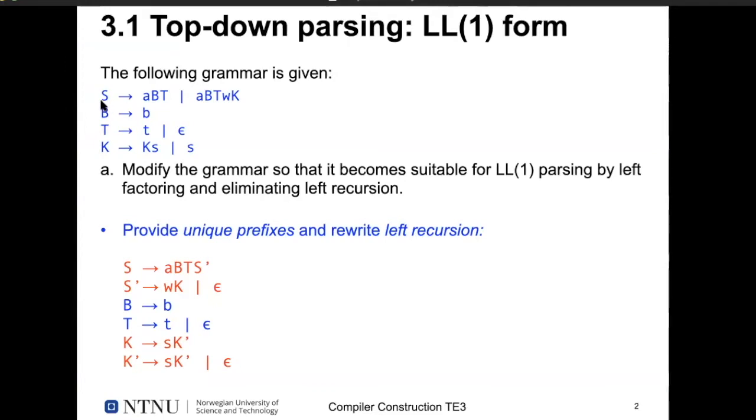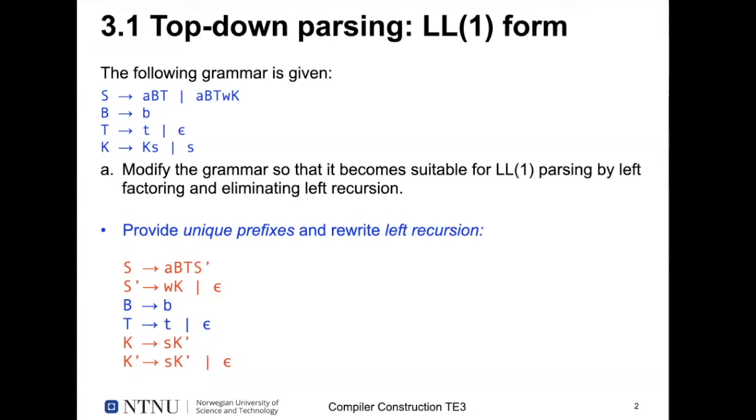First, from the start symbol, we have two productions with identical prefixes, so ABT and ABTWK. Whenever we read the A, we cannot decide which of these two productions to take, because we would also need to go down to B and T in order to decide if we finally can get a W here. So we need quite a bit of look ahead.